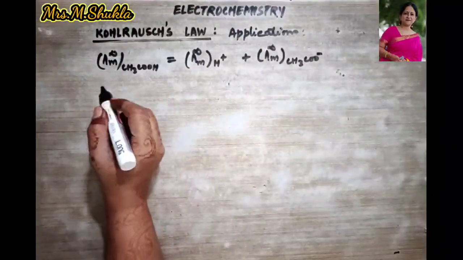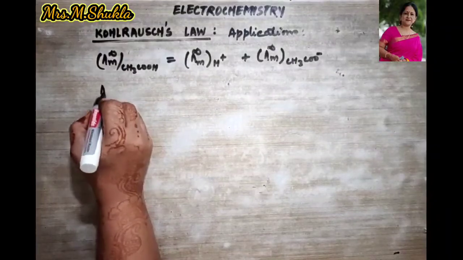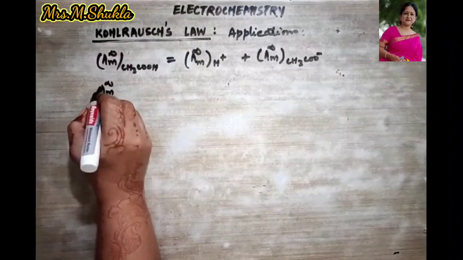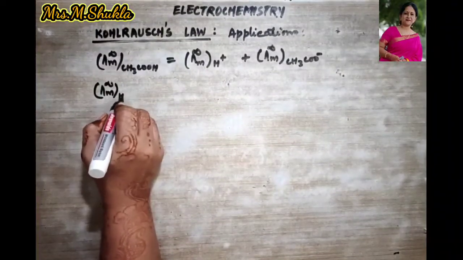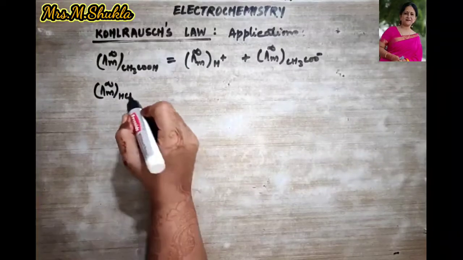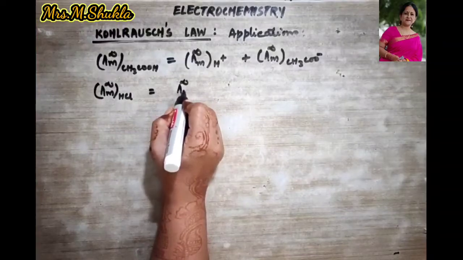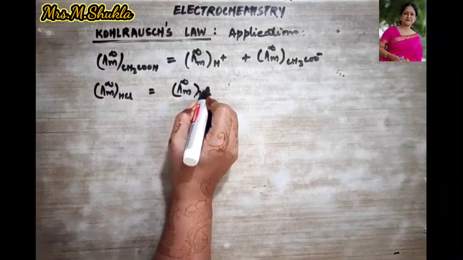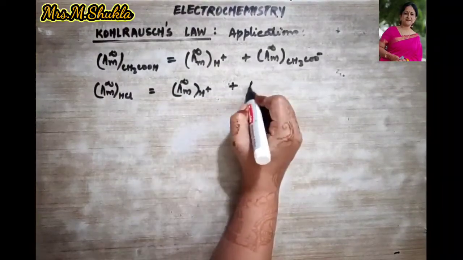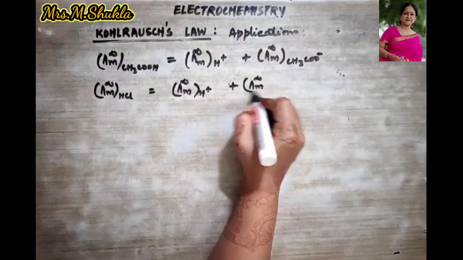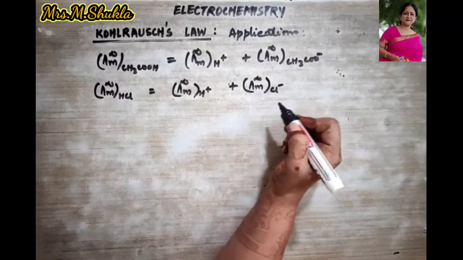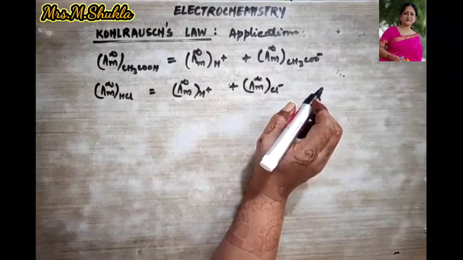Now let us see what was given to us. We were given the molar conductivity of HCl in infinite dilution. So this is equal to the molar conductivity of H ion plus the molar conductivity of chloride ion in infinite dilution.